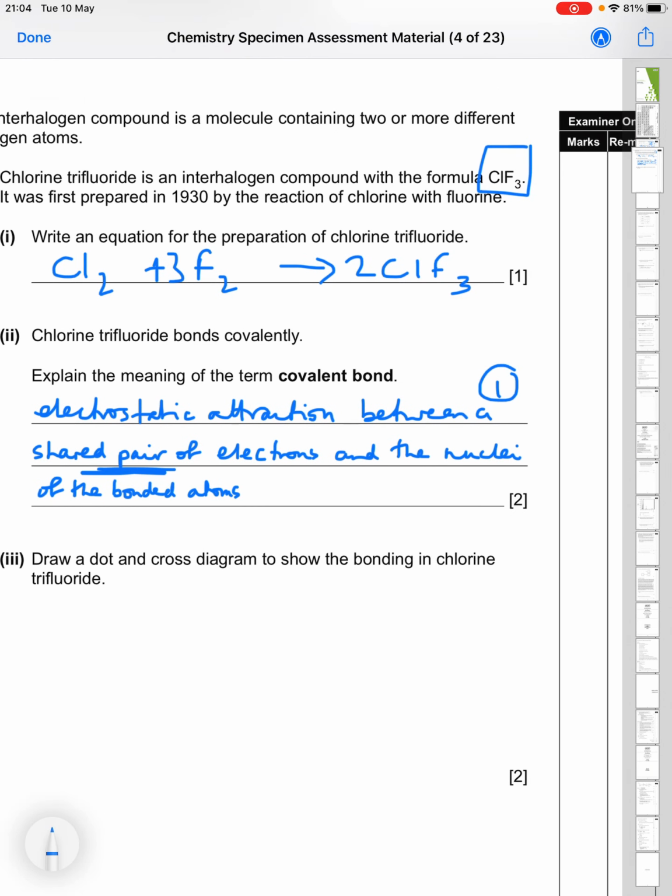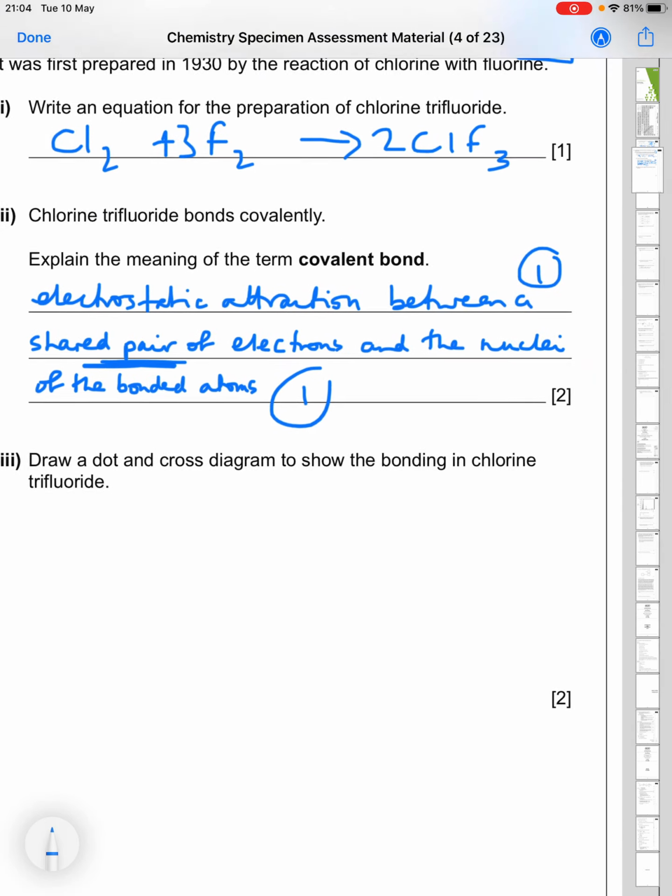Okay, so 1 for this attraction between the shared pair, remember to say pair, and then the nuclei.